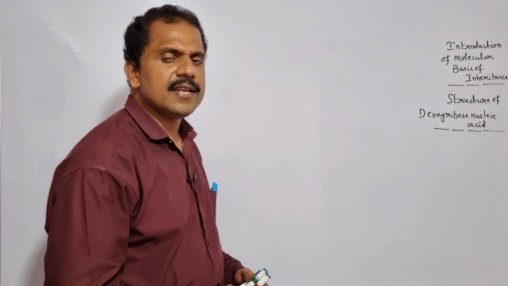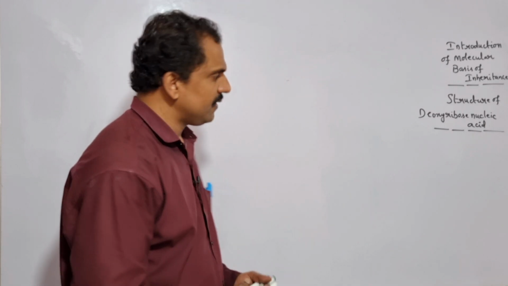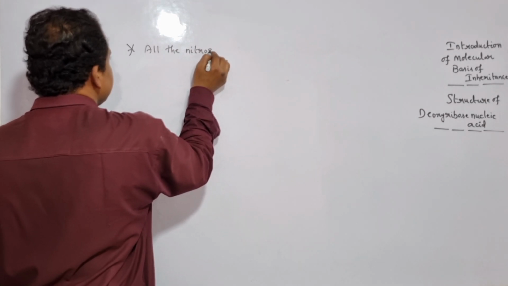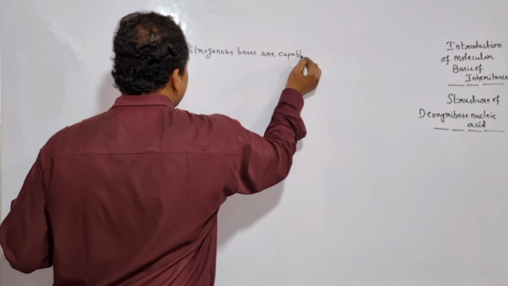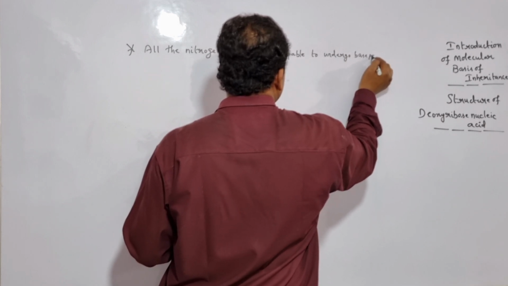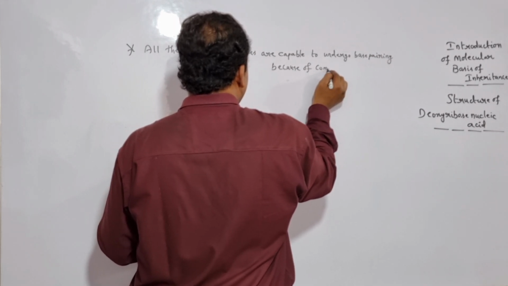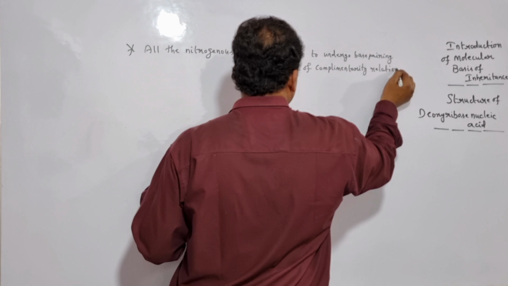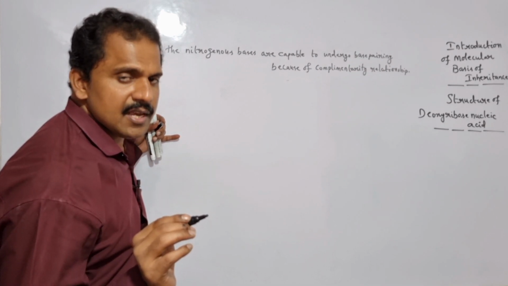So because of the complementarity relationship between the nitrogenous bases, all the nitrogenous bases are capable of undergoing base pairing because of the complementary relationship.